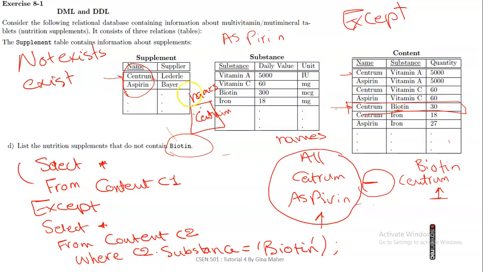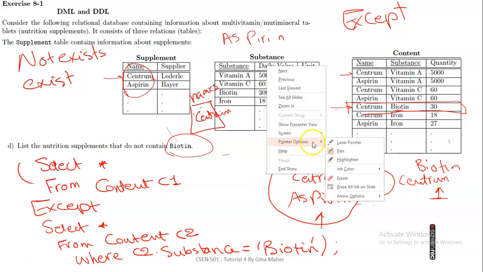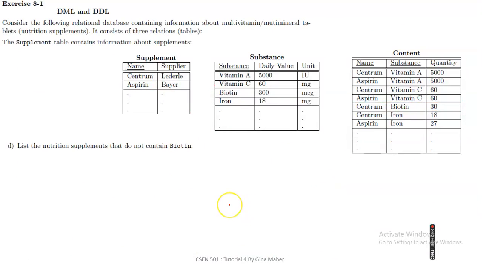Okay, how do we write the query of exists? Simply, we want to get the names and then check if this name is not found in a specific query. We want to get the names of the substances that have biotin.